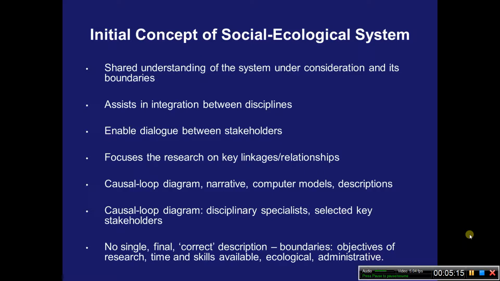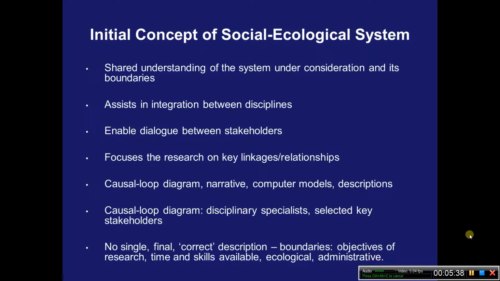That doesn't only apply to the spatial boundary, it also applies to the boundary of what elements we consider. Those more subjective questions around how much time, how much resources, and what skills we have influence those elements as well. So the important thing is to delineate that boundary and to make it explicit.